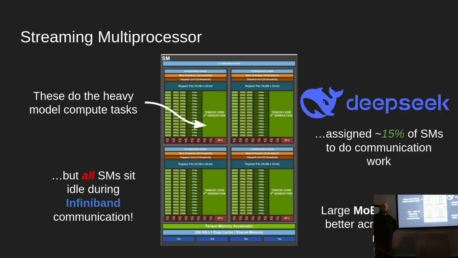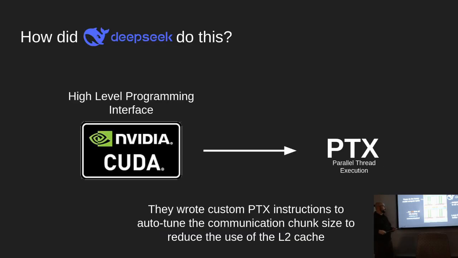So that means they were being super inefficient. So they assigned 15% of the SMs to do the communication work, to deal with all that scheduling that I just showed you earlier. And by dedicating 15% of the streaming multiprocessors to the actual process of communication, they saw a gigantic speedup because it's way quicker to do that over NVLink than over InfiniBand.